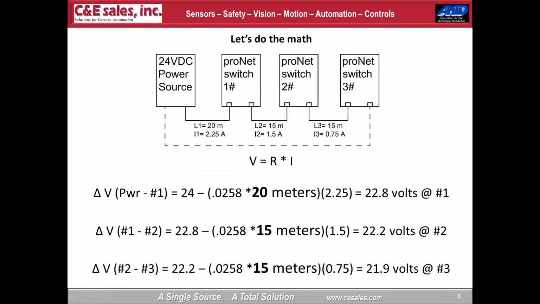So for example, if I were to build a ProfiNet connection of daisy chaining 3 units to a power supply, what you see in bold at the bottom of the page there is the length in meters that separate each of the ProfiNet modules. And you see I could space them out pretty far, 20 meters and 15 meters in between them, and still get the requisite voltage to drive them all.